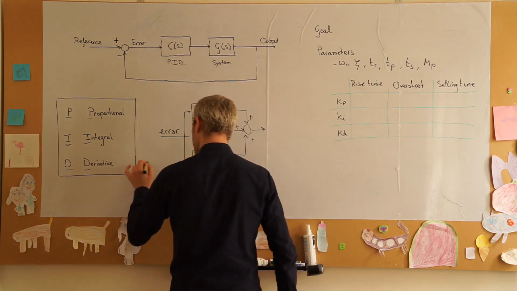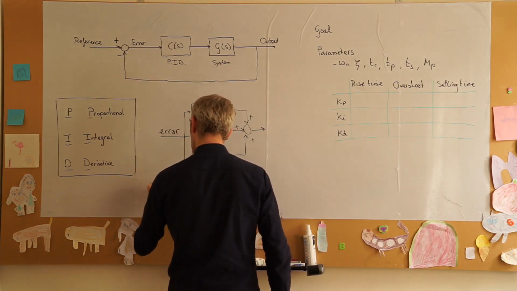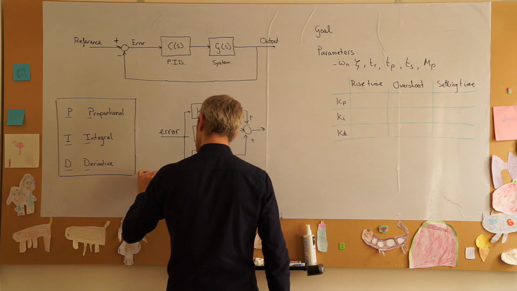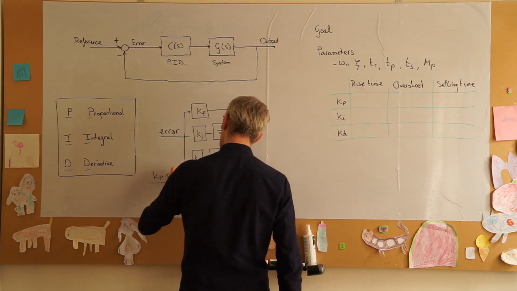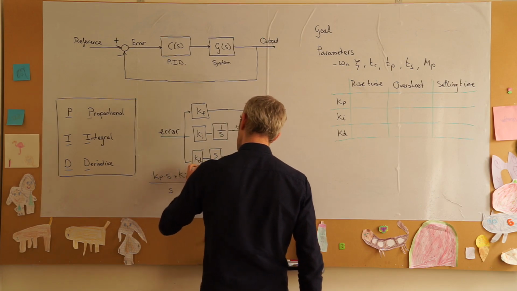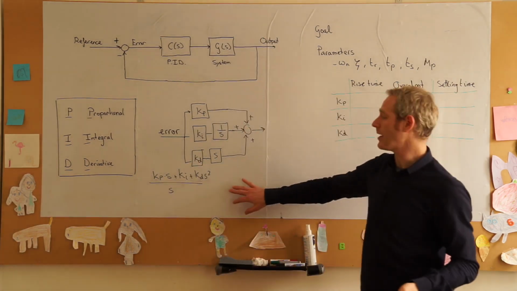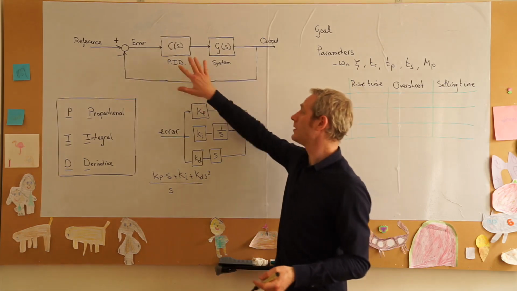We get 1 over S times (Kp times S plus Ki plus Kd S squared), and that is now the transfer function of our PID controller.